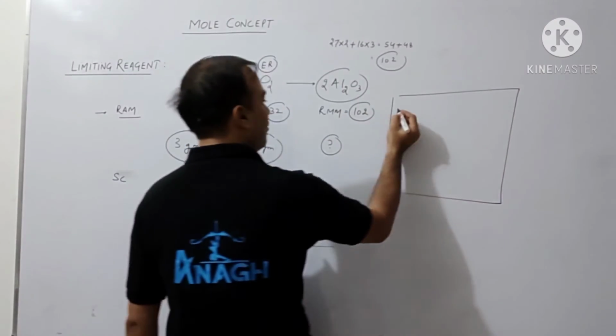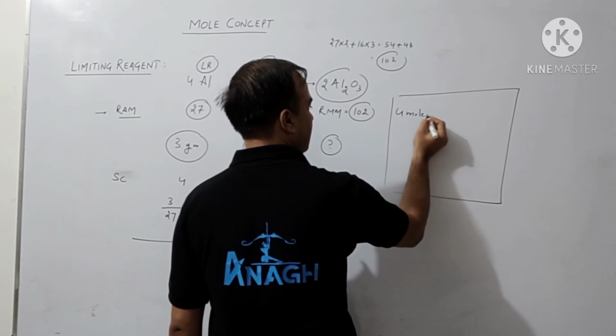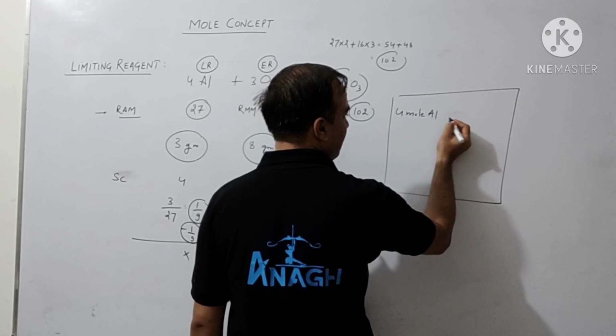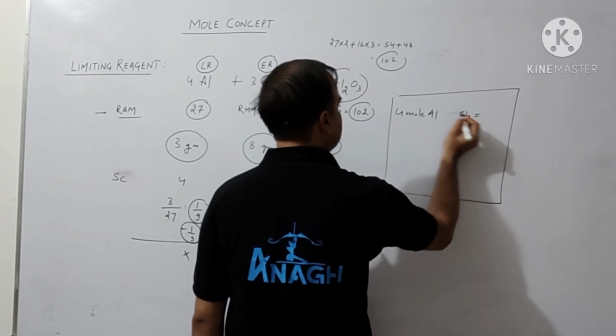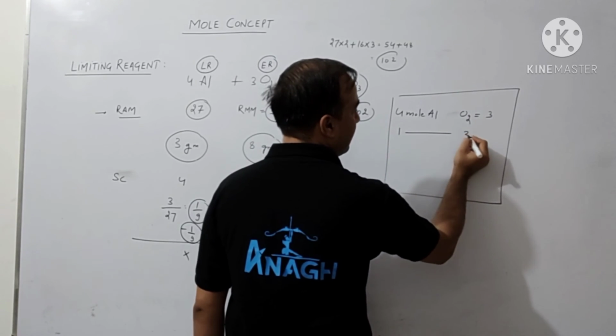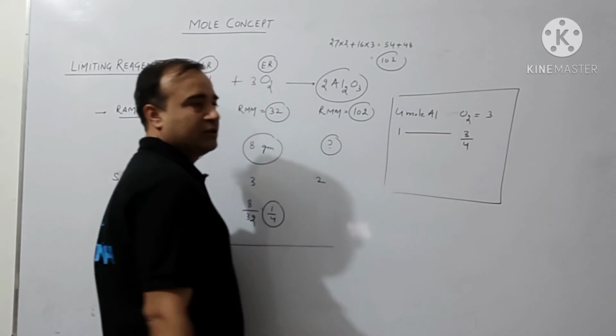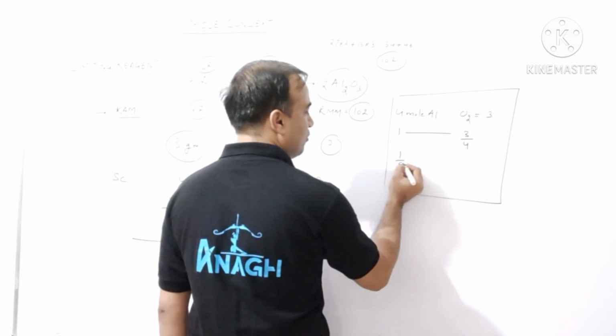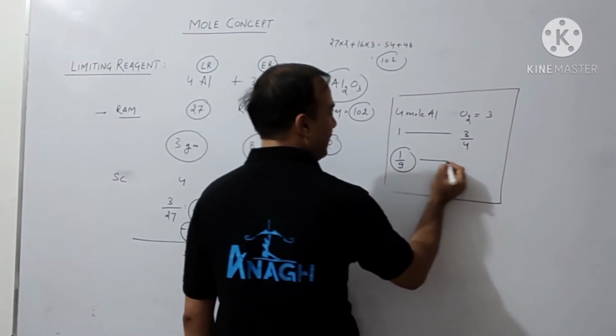If 4 moles of aluminium react, how many moles of oxygen react? 3 moles. If 1 mole of aluminium reacts, the number of moles of oxygen reacted will be 3/4. And in this case, how many moles of aluminium is reacted? 1/9.